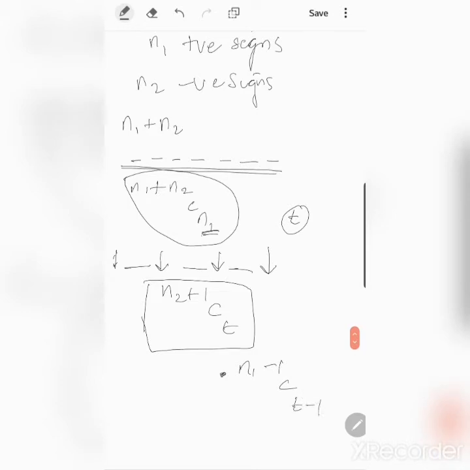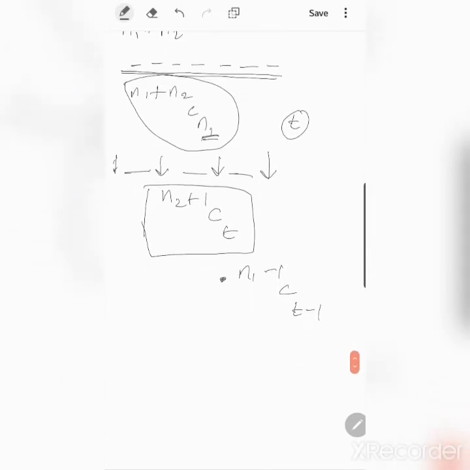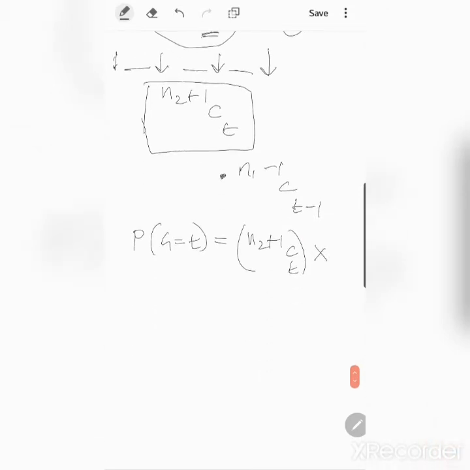So obviously the probability of having exactly t positive groups is coming out as n2 plus 1 c t multiplied by n1 minus 1 c t minus 1.